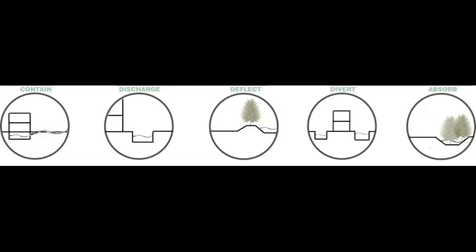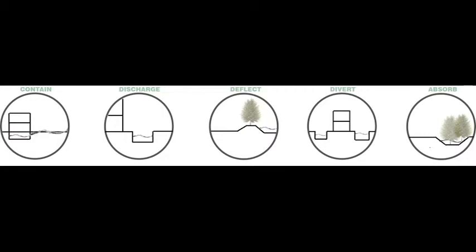Divert is the next system where we integrate a flood river which diverts the water away from our infrastructure as well as habitats where species like gray squirrel live, and redirects it around as a way of controlling the path.